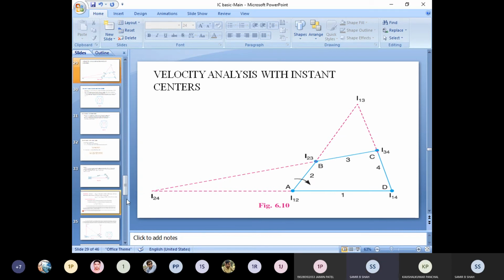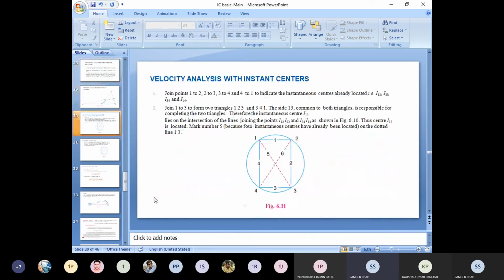The center I24 is located. Mark number 6 on the dotted line 2, 4. So all 6 I centers are located on the circle.